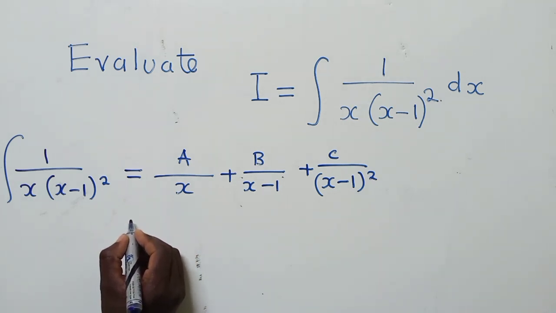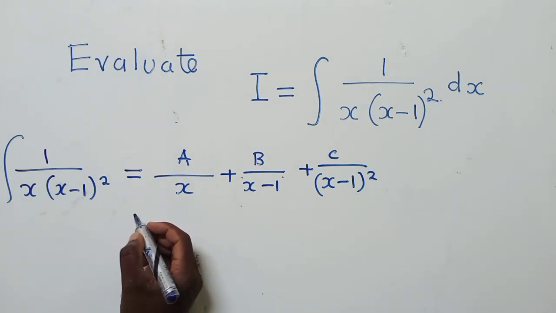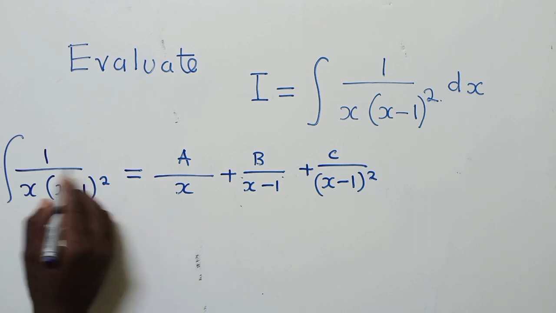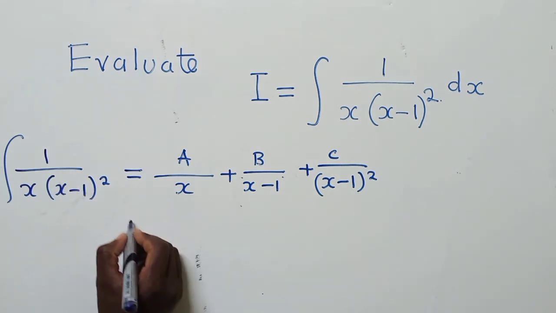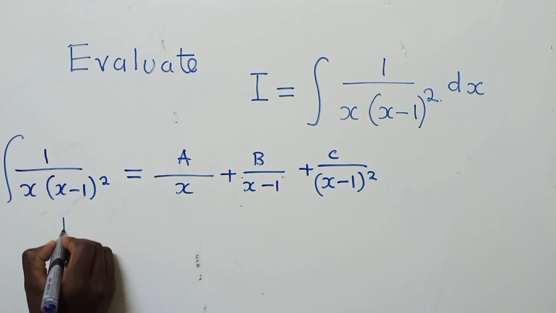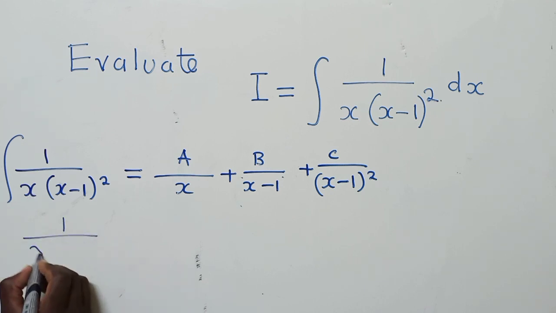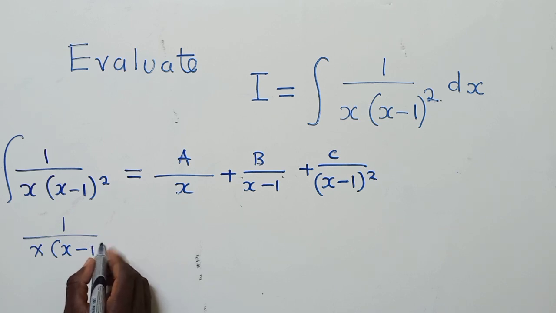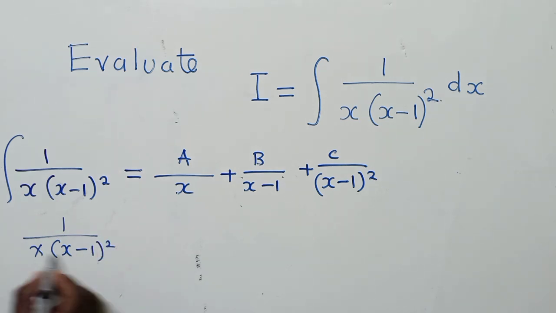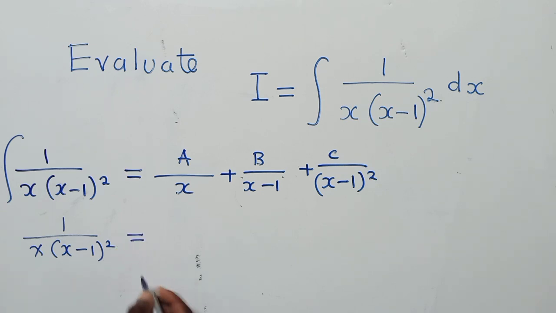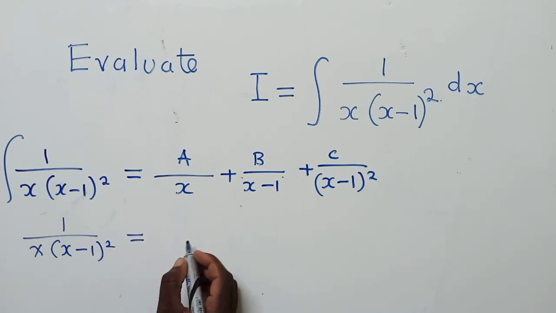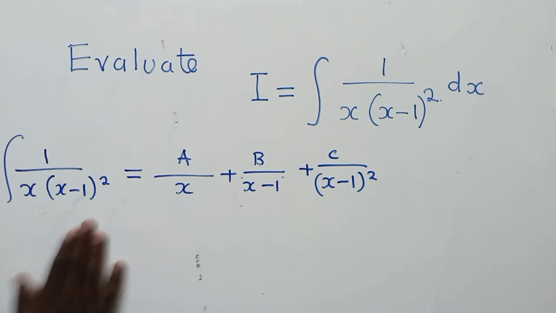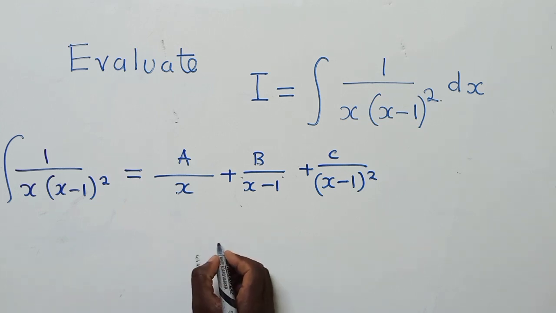After doing that, we now find the lowest common denominator here, which is x times (x minus 1) to the power 2. So this is our lowest common denominator, and we say equal to.